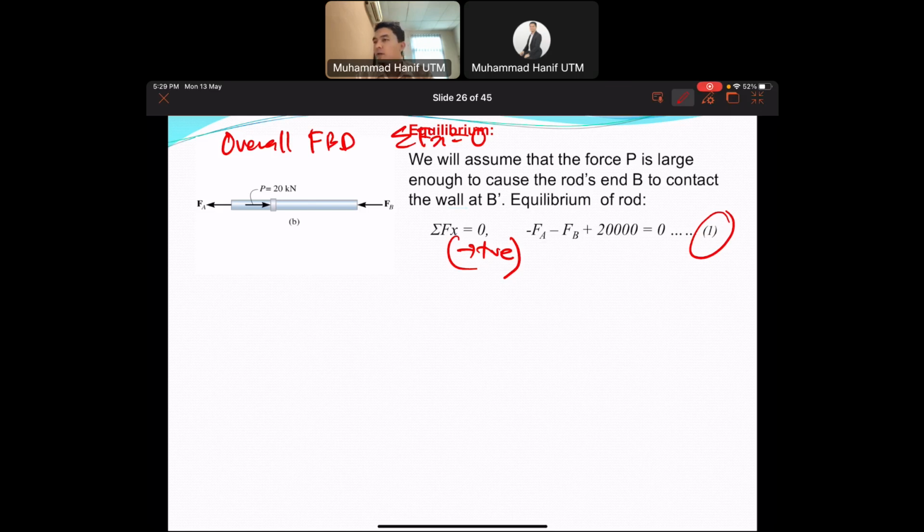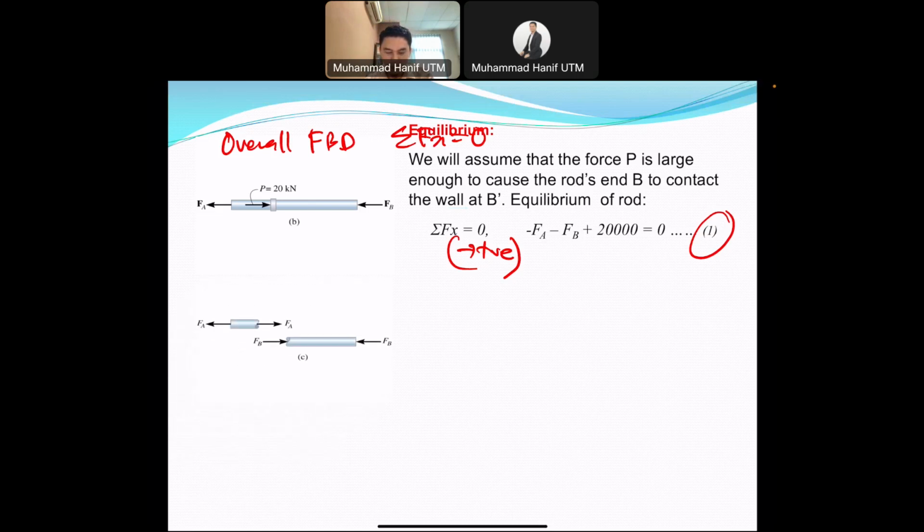Once we identify the problem condition, then we have to use the compatibility equation. The compatibility equation works this way, where you have to cut segment by segment. You cut it at C. This collar C, you cut it here, you cut it here, you will have the first FBD for the AC segment.